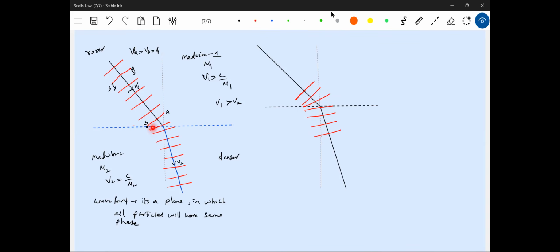I just magnified it: V1, V1, V1, V1, then V2, V1, V2. So V1 is greater than V2.